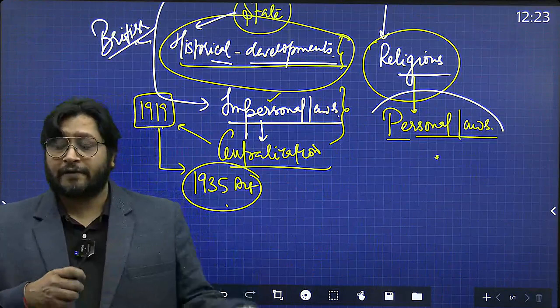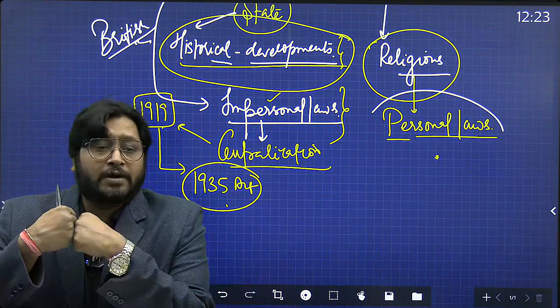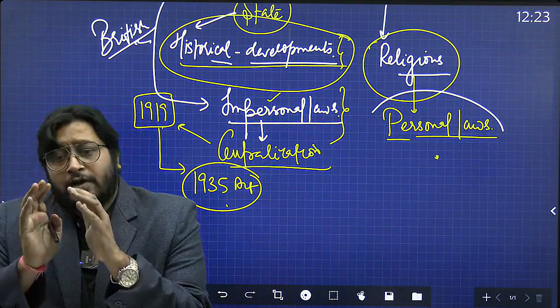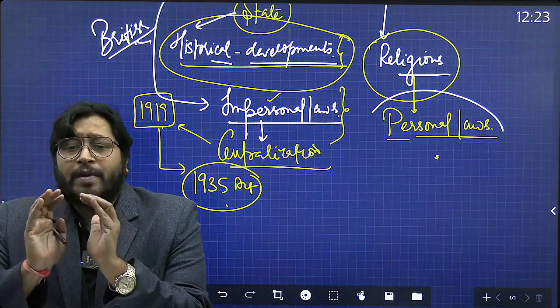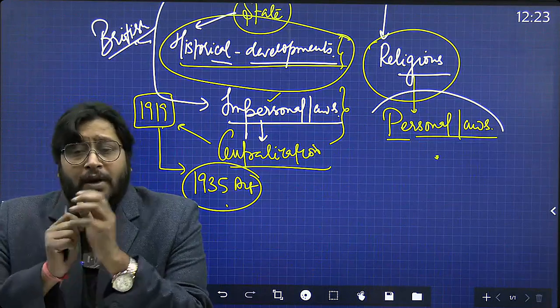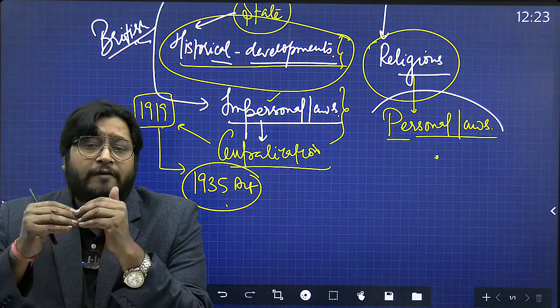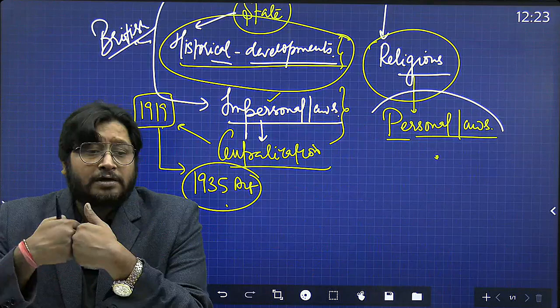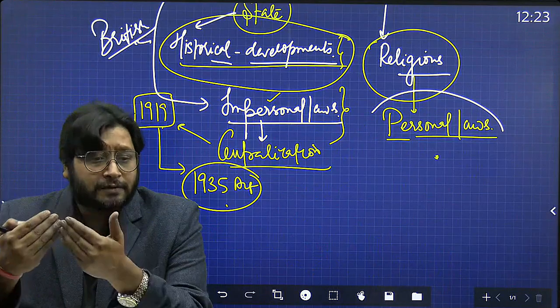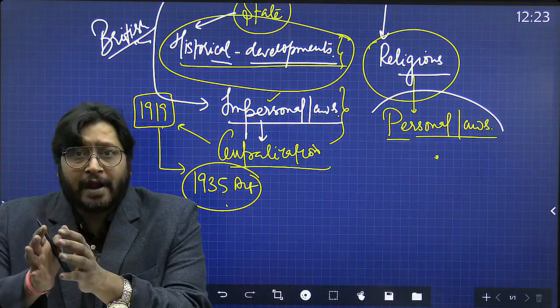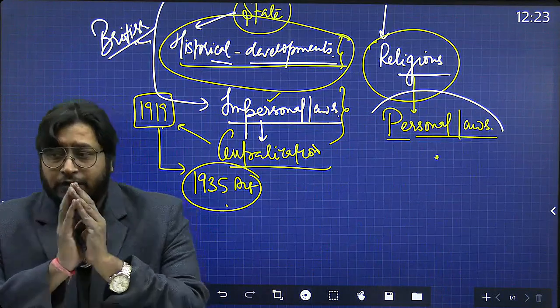So Britishers never wanted to leave that power of the Governor General or Viceroy or Secretary of State, whatever you say, right? Even though they were ready or willing to dilute the power of the governor. But in any case, in the 1935 Act also, when they tried to create a federal system, this can be called an effort towards decentralization. So the 1909 and 1919 Acts, where centralization was the key feature, right?